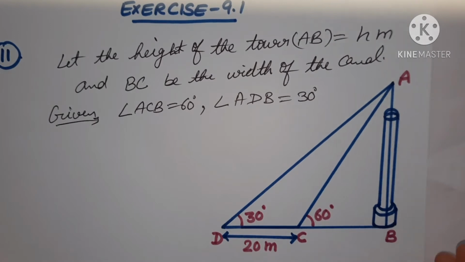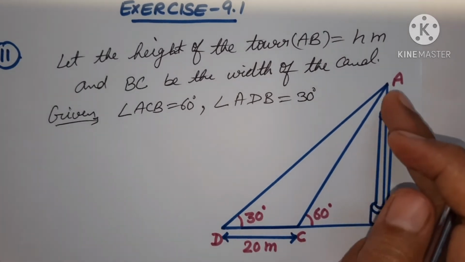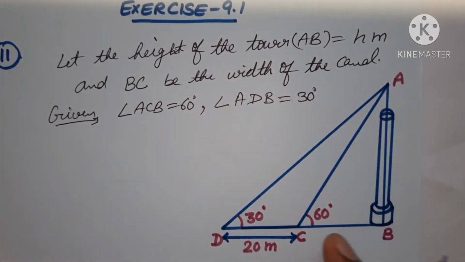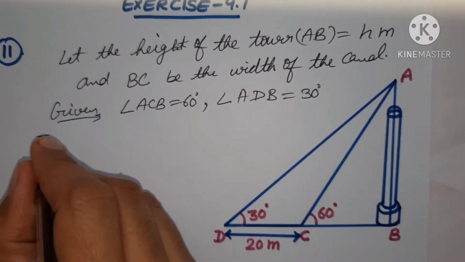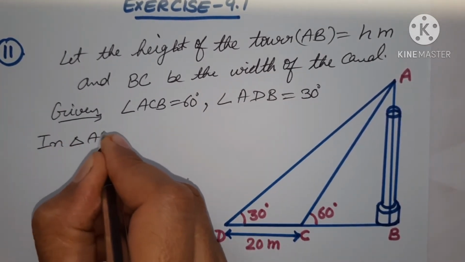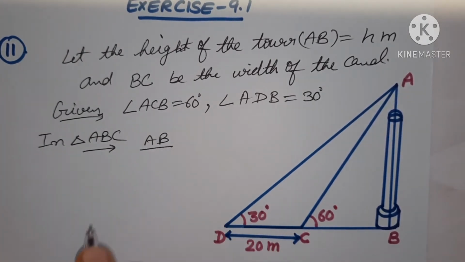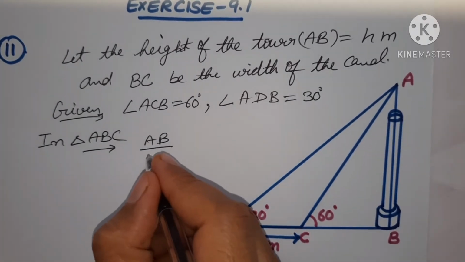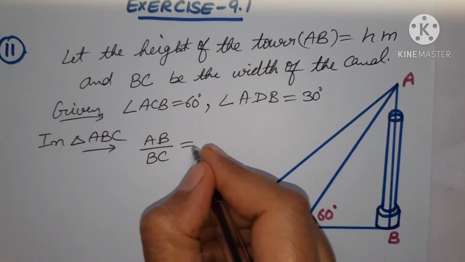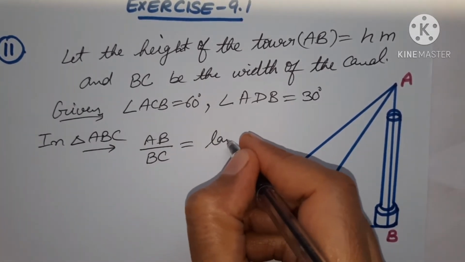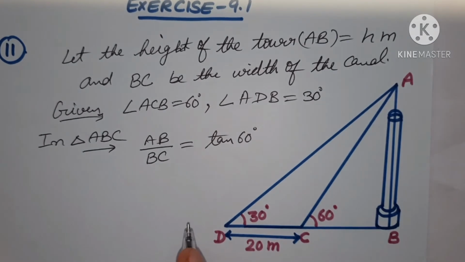So one by one we will take these two triangles. First we are taking triangle ABC. In triangle ABC, AB is perpendicular, AB upon base BC is equal to tan 60 degrees.